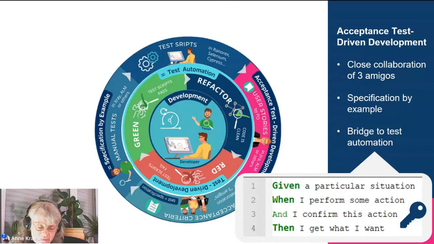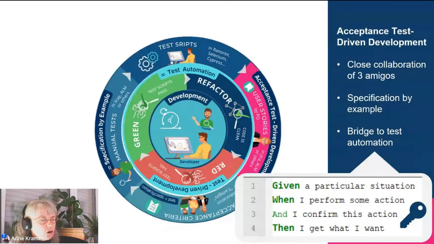This works very well, but we have to be conscious that the focus of BDD is user stories. So we write our acceptance criteria for the user stories, and necessarily they are limited to the user story, and the user story itself is necessarily limited in scope to one sprint.